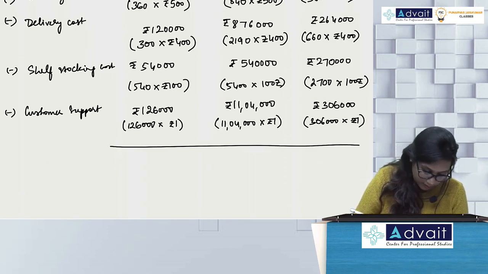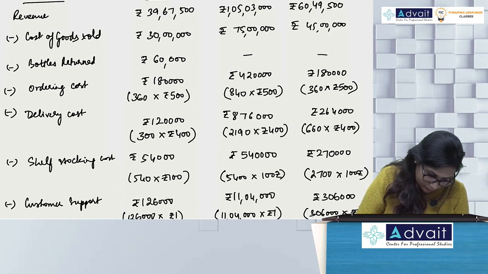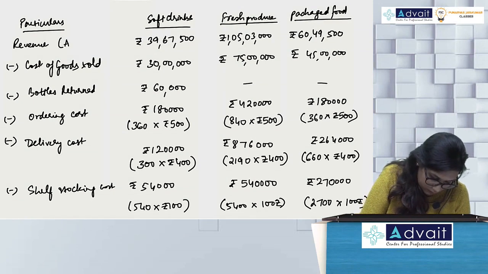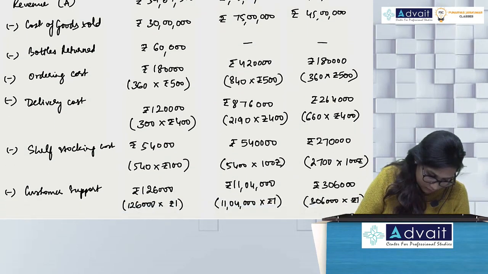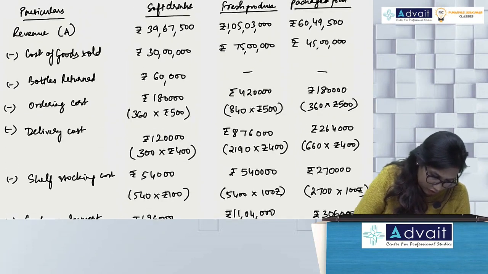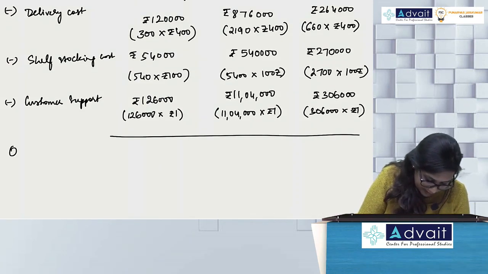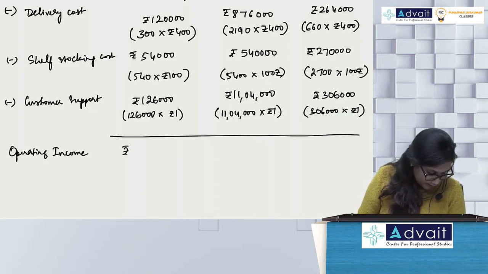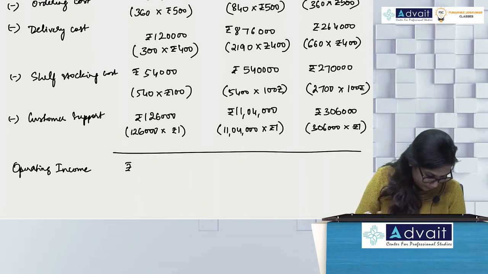So now what do you get? Let's do one thing. Let's call this A. Actually not required because we have shown the minus sign. So you can directly calculate the operating income. When you calculate, how much do you get? Calculate and tell me.